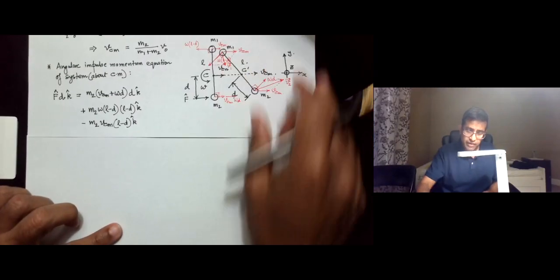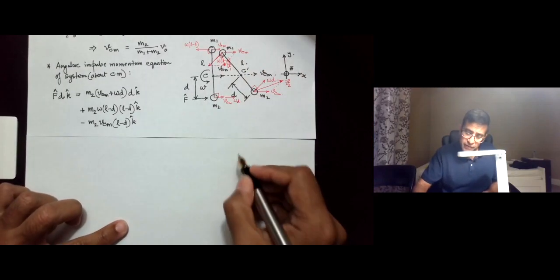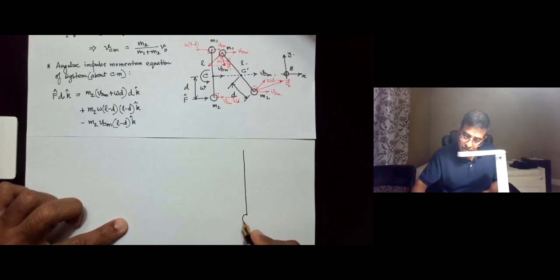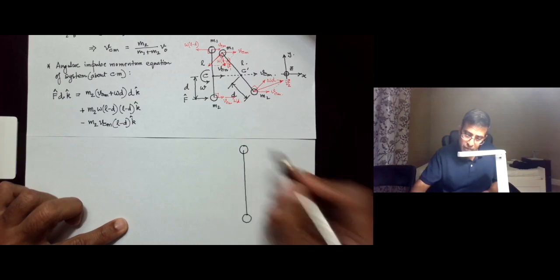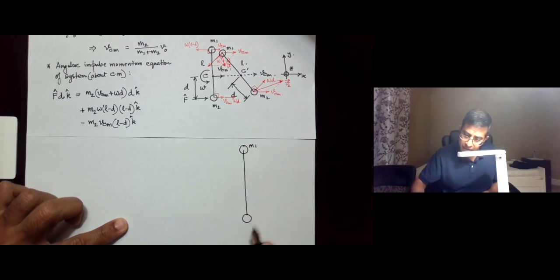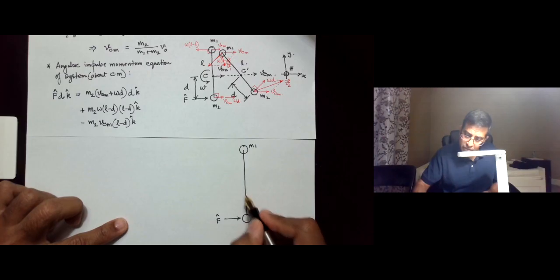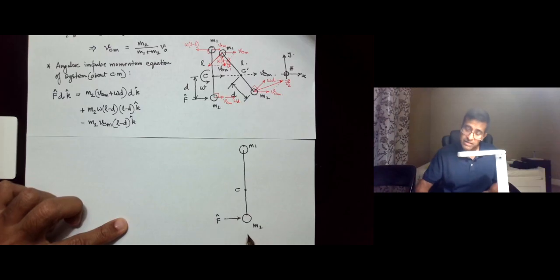Now, just for the sake of clarity, I'm going to draw this figure once more, a little bit enlarged. So basically what we are saying is that if this is M1 and this is M2, and F hat acts here perpendicular to the direction of the string, and this is our center of mass, then at this instance when the impulse applies, M2 is going to have VCM due to the linear impulse momentum interaction.